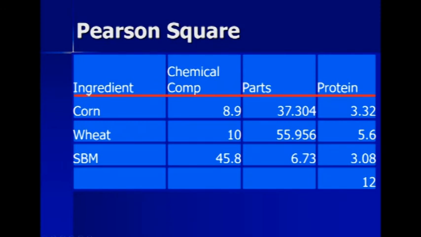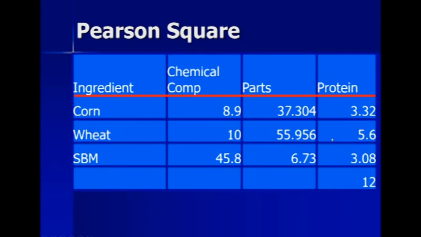So here we can recheck whether we are getting the required amount of protein. This is the chemical composition of protein for corn, then wheat, and soybean meal. Then we have the parts which we have calculated for corn, wheat, and soybean meal. And by doing the same way, we can calculate, out of 100, there are 8.9 parts of protein. So out of 37.304, we can get 3.3 parts of the protein.